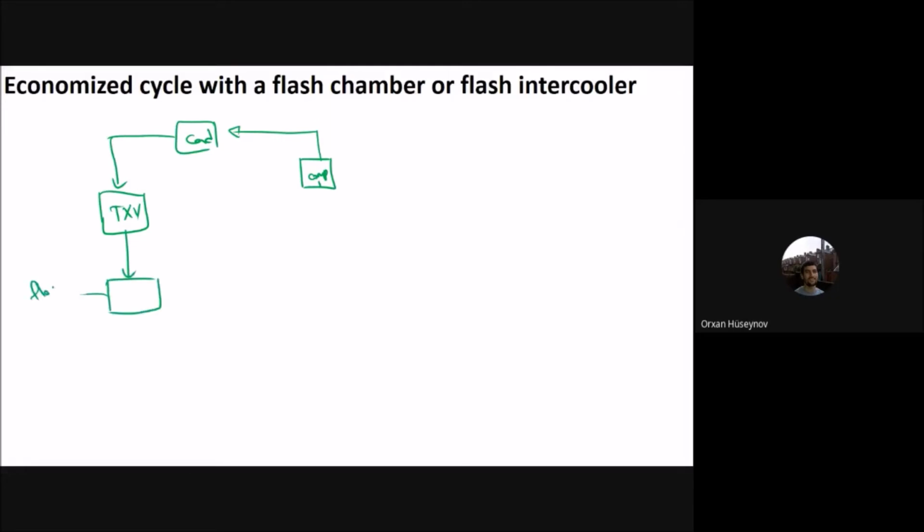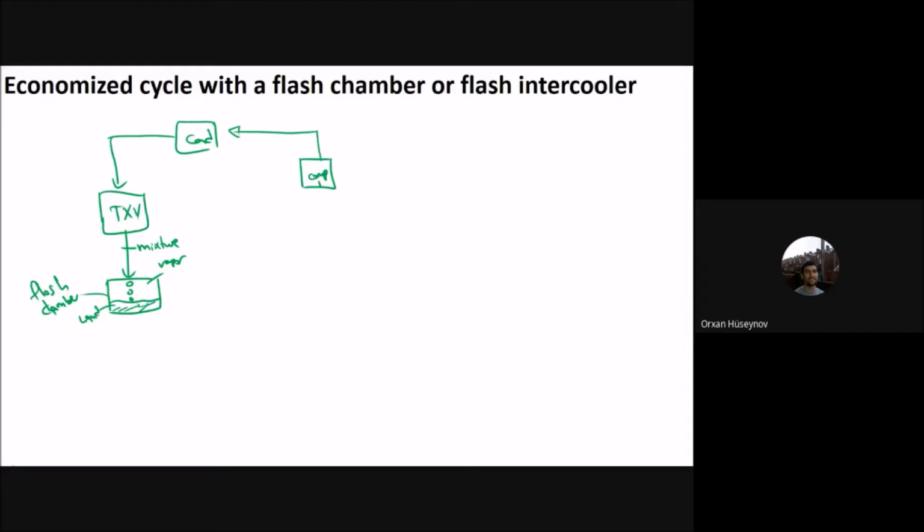This one is the flash chamber. Okay, and then the flow into this flash chamber, because the TXV outlet is a mixture, you will have dripping into that system. You will have the drippings here, and in the lower part you will have the liquid. The upper part here will have the vapor. Okay, so in this flash chamber I can separate the two components, one as a liquid and the other one as a vapor.